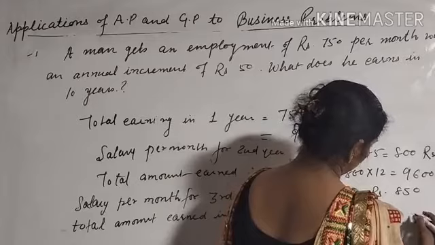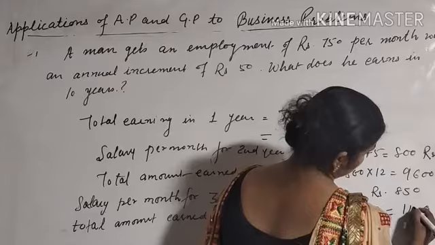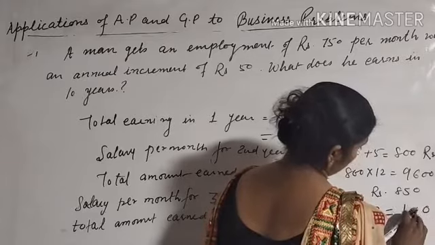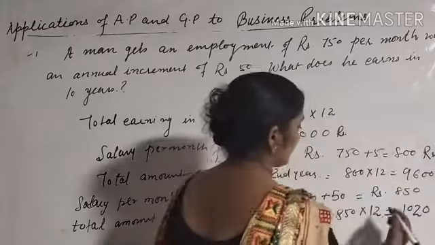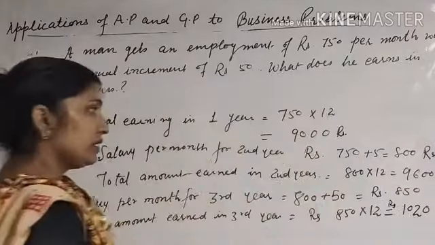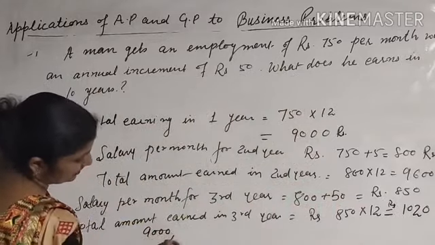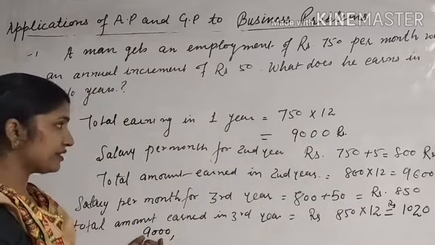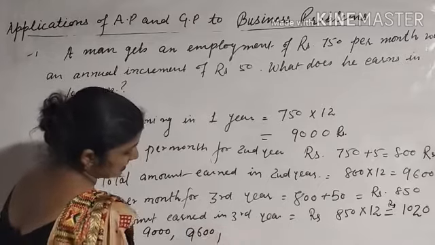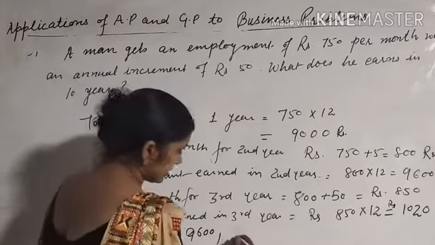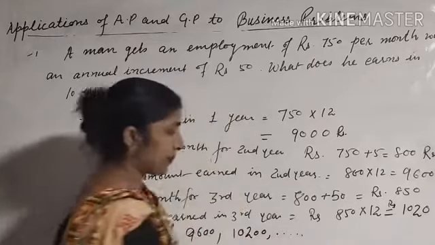So this is 10,200. Now see, the first term is 9,000, the amount earned in the first year. Then the amount earned in the second year is 9,600. The amount earned in the third year is 10,200 and so on.